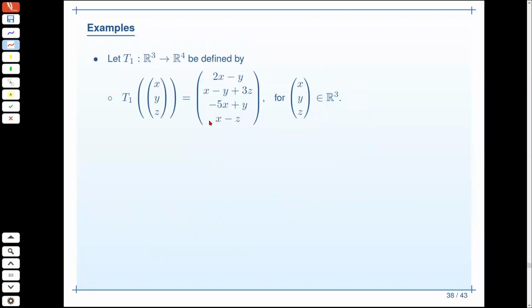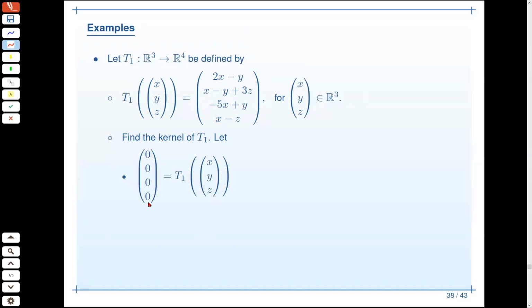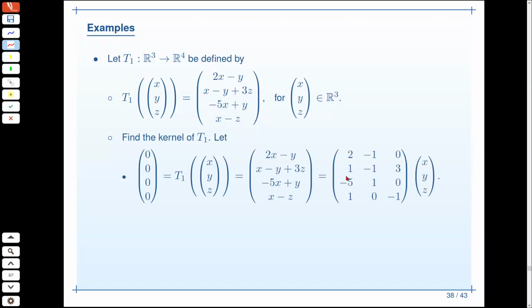Okay, so coming to the same T1, let's find the kernel of T1. If you want to find the kernel of T1, this is just to let T1 of (x, y, z) equal 0. Essentially, I want this part to be 0. And what is that? A linear system in 3 variables and 4 equations.